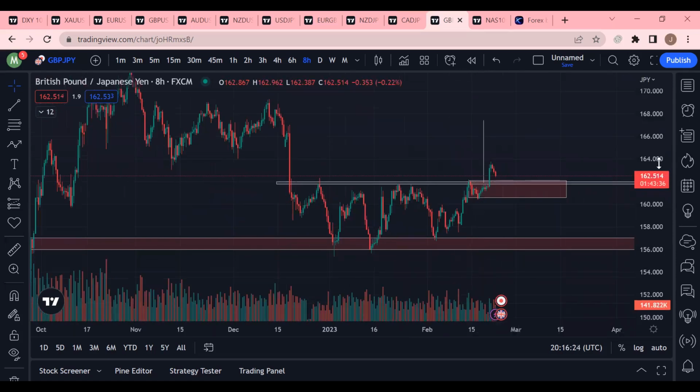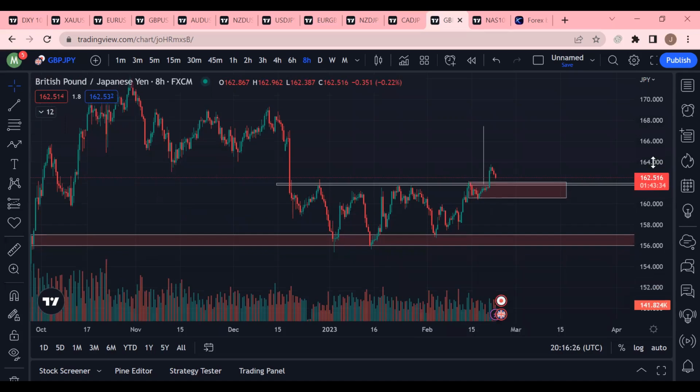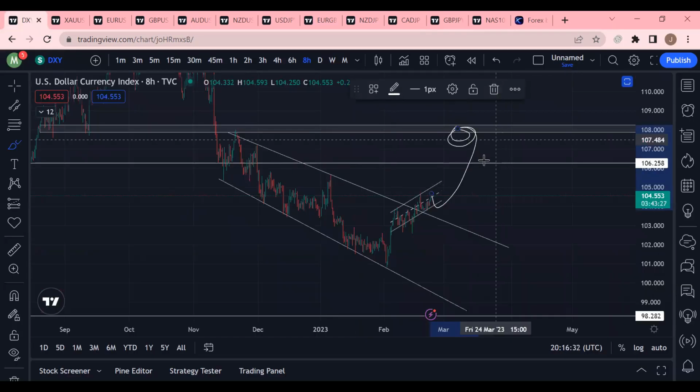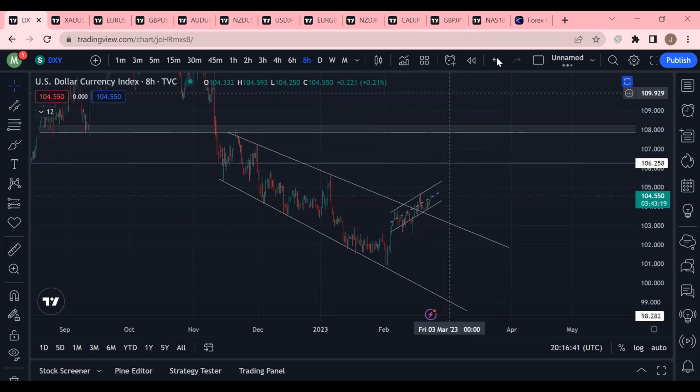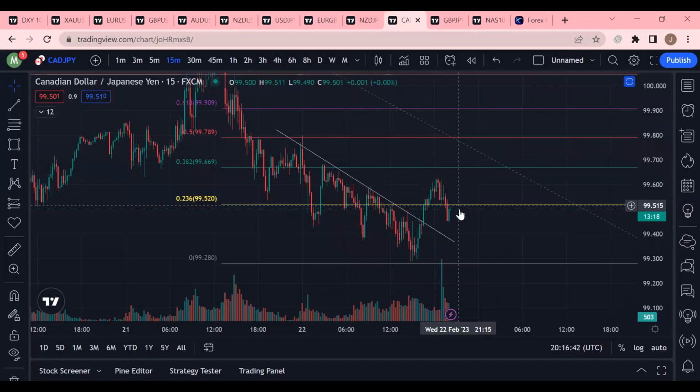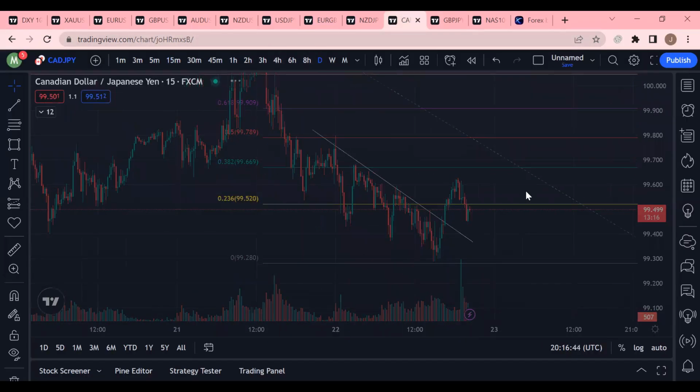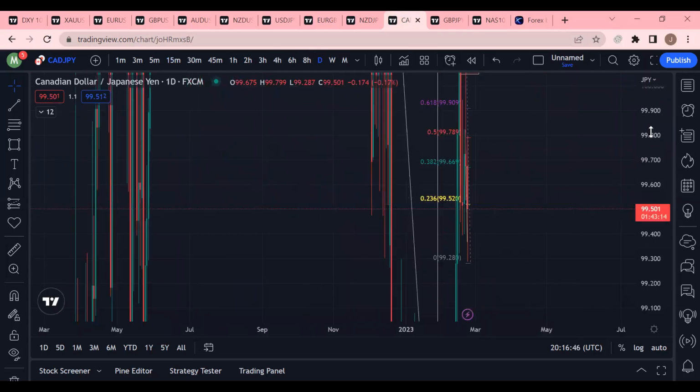The correlation is that if the dollar is going up, that means JPY will come down, giving room to other pairs like Euro JPY, CAD JPY. Let me see. I'm still waiting for the same thing on CAD JPY to break to the upside.